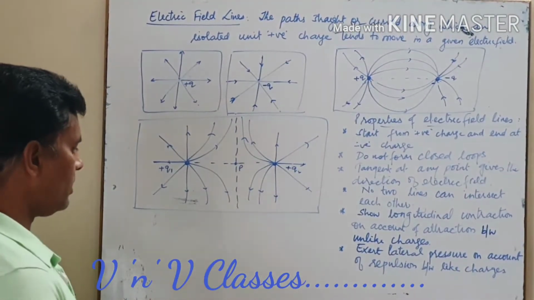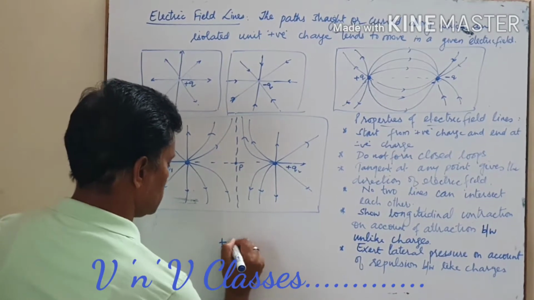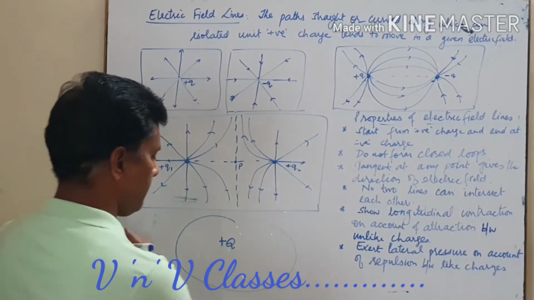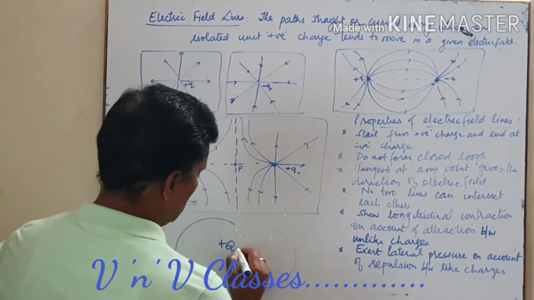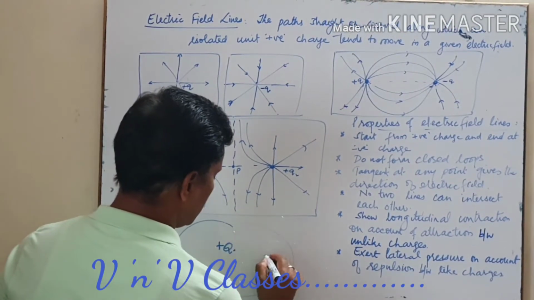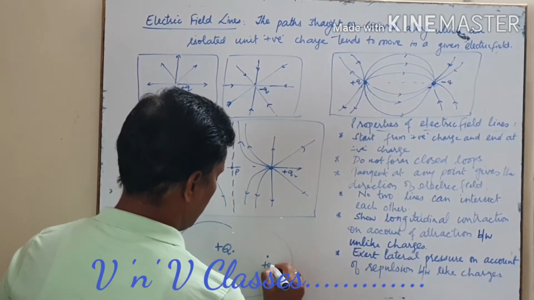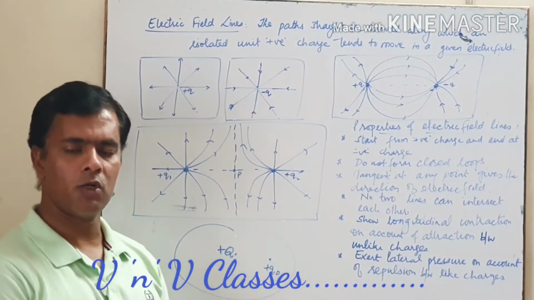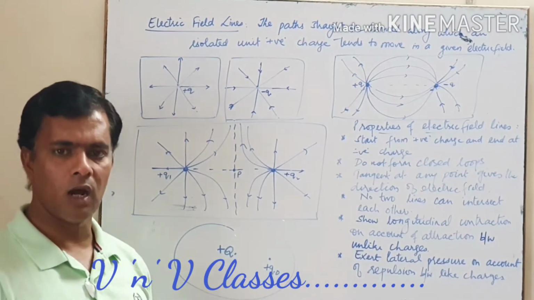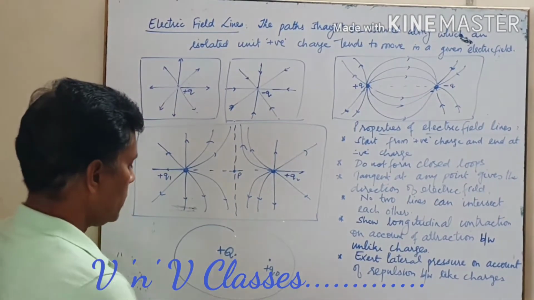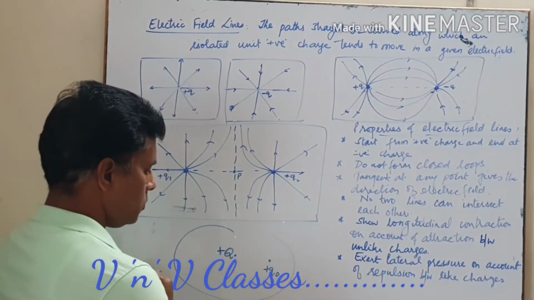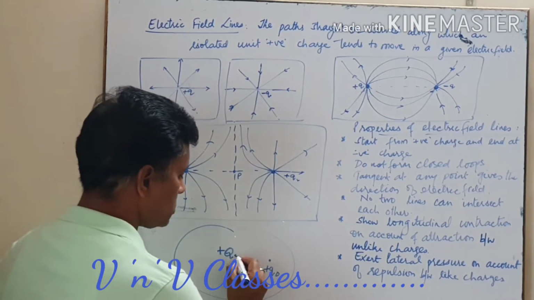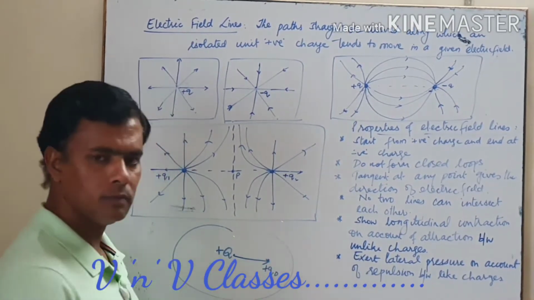We have an electric field around a given charge. Say this is a charge Q and this is its field. Now in this field we place any charge, say plus Q naught. Remember that Q naught we had considered to be a unit positive charge. The presence of this plus Q will have a repulsive effect on this charge Q naught.